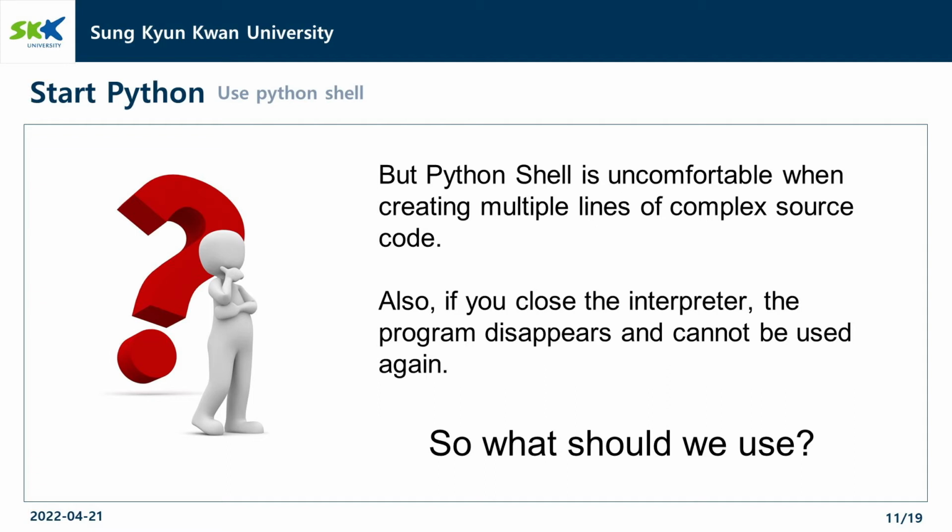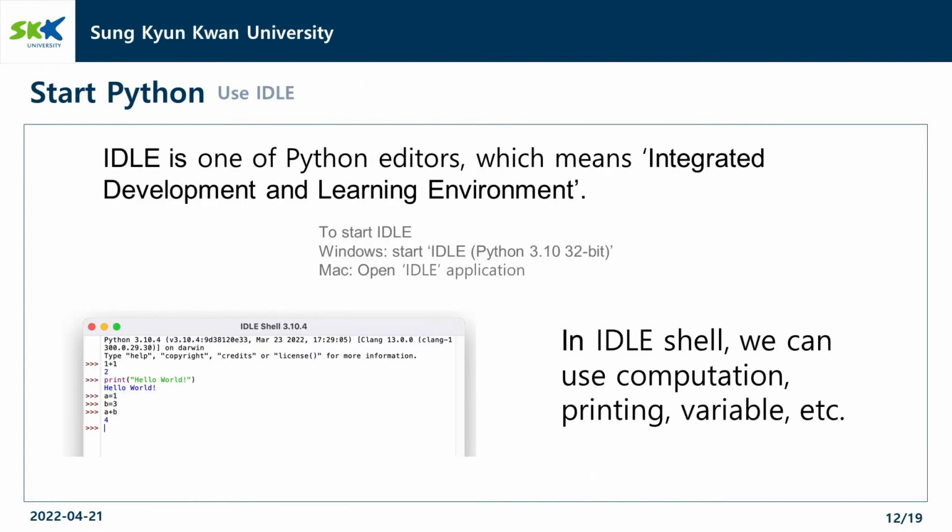Also, if you close the interpreter, the program disappears and cannot be used again. Then, what should we use instead of Python shell? As a solution, we can use Python editors like IDLE. To use IDLE, start IDLE program in Windows or open IDLE application if you're using Mac.